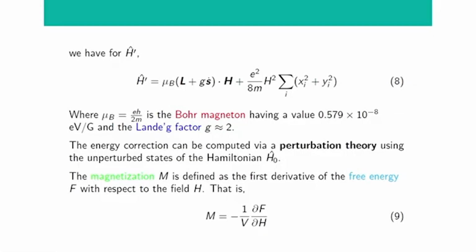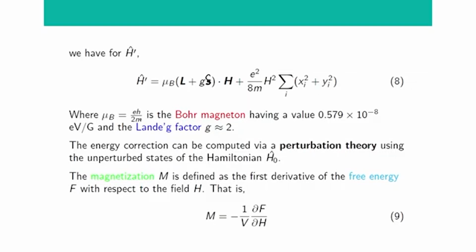You can write S, which is large, so that is the total spin and the total orbital angular momentum, and then these x_i squared and y_i squared are nothing but the coordinates of these individual atoms, or they are involved in the magnetism. I mean, these are the coordinates of those atoms.